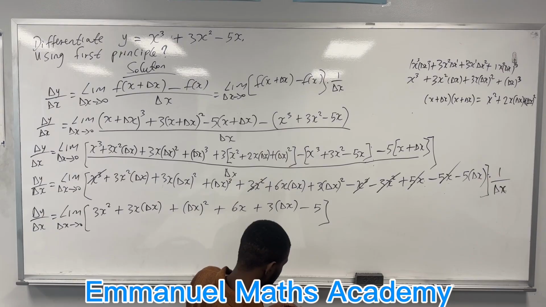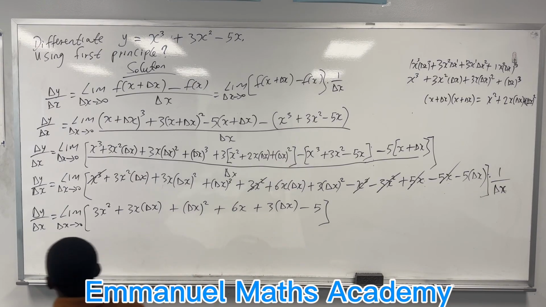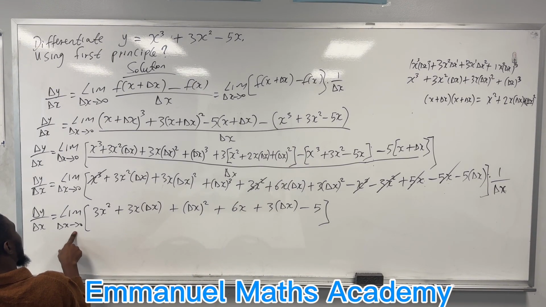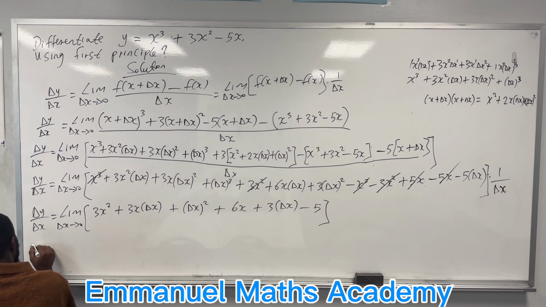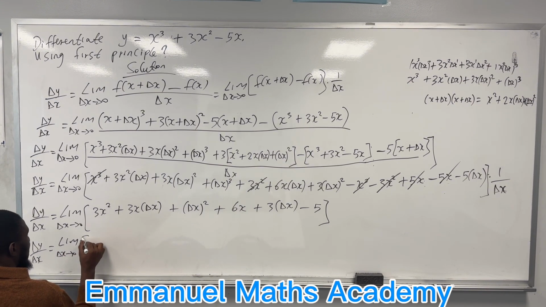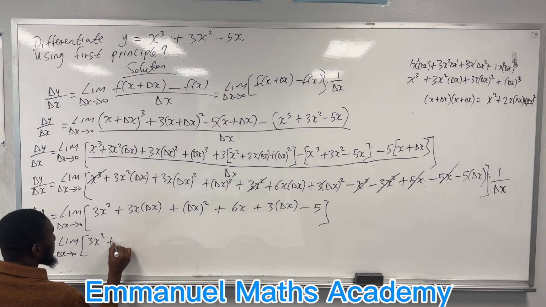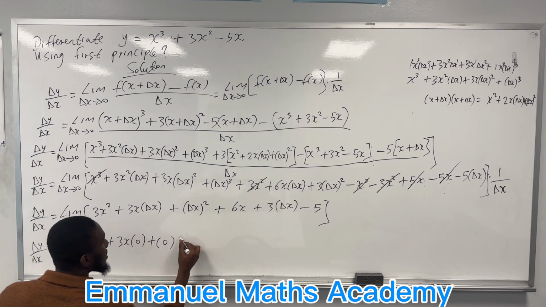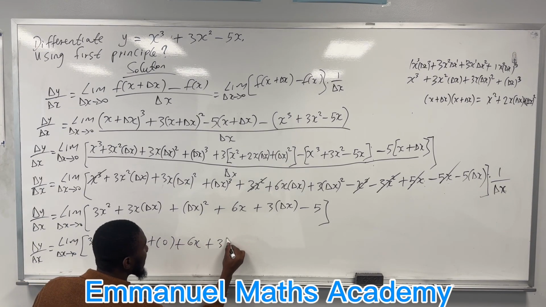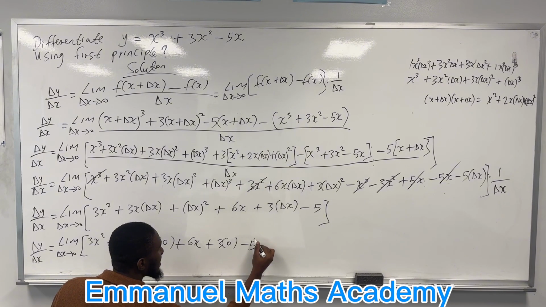So since we have this, we now apply the limit as delta x tends to 0. We'll be substituting 0 wherever you see delta x. So delta y over delta x is equal to the limit as delta x tends to 0. Hence you have 3x squared plus 3x, here we have 0, plus 0, plus 6x plus 3, 0, minus 5.